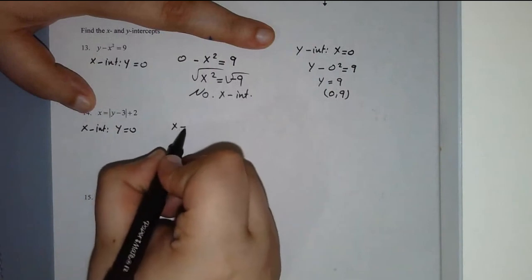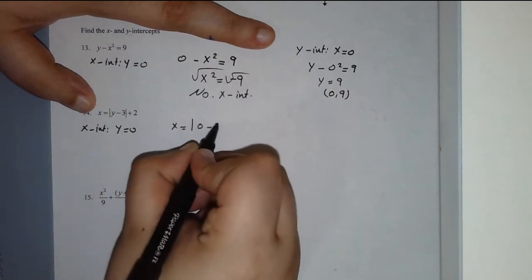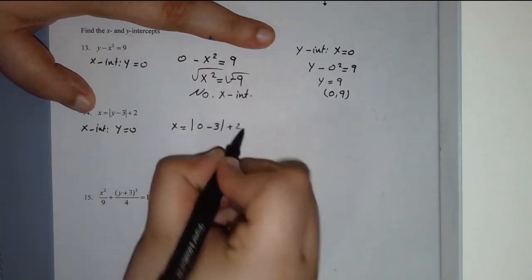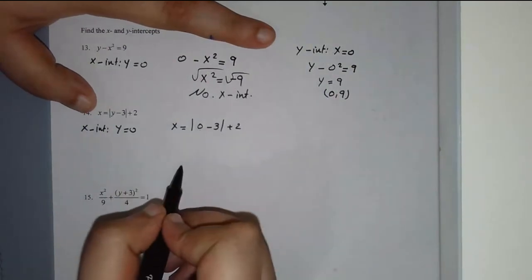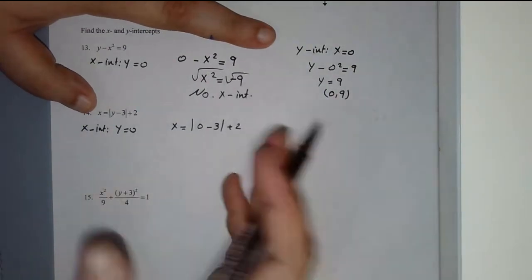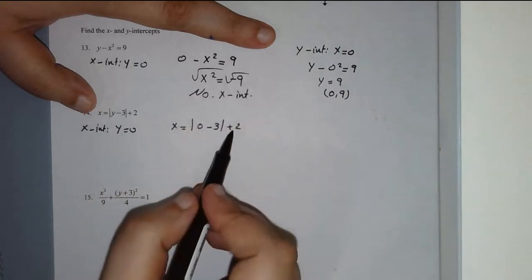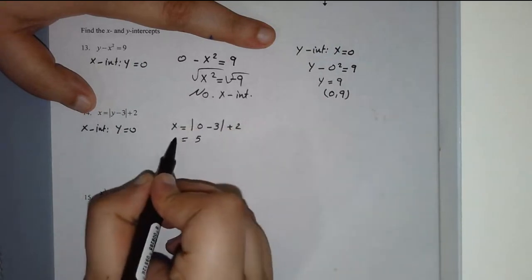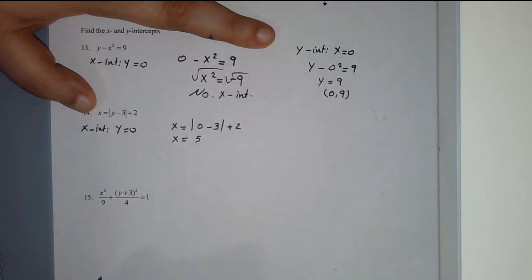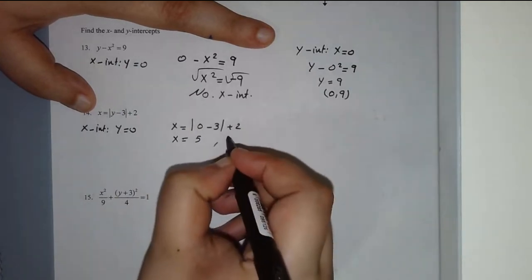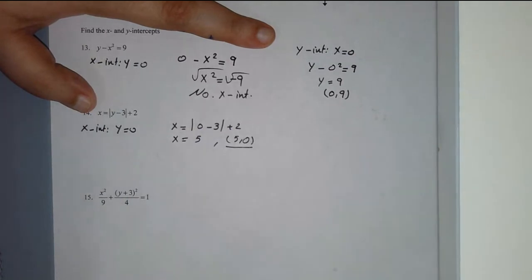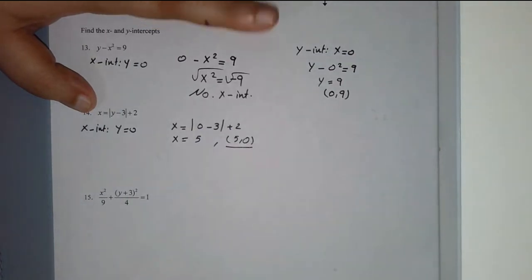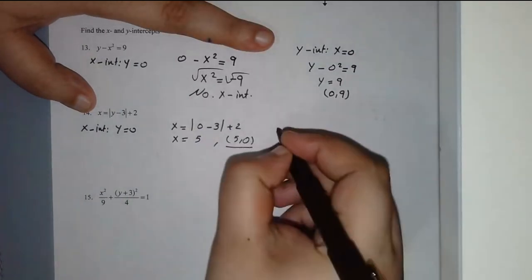So x equals absolute value of 0 minus 3, plus 2. Okay, so this is negative 3 inside the absolute value, which is positive 3 once you take it out. Plus 2 becomes 5. x is 5. Which means that my point is what? (5, 0). That's my x-intercept. Okay, that's done. Let's do the y-intercept.